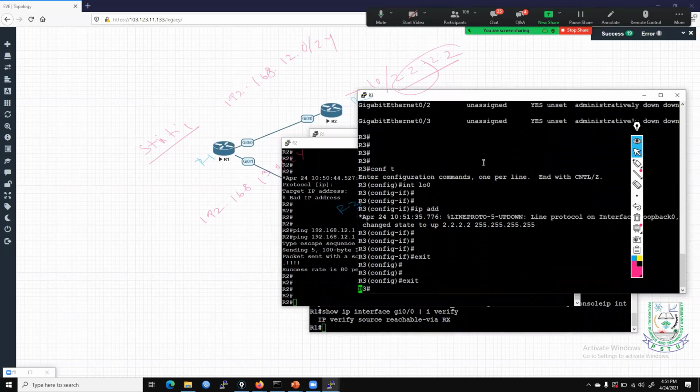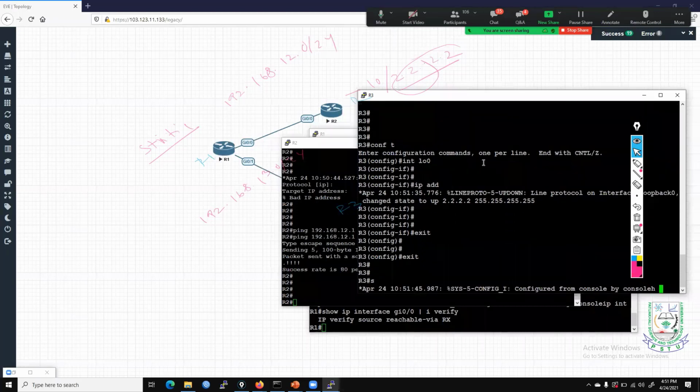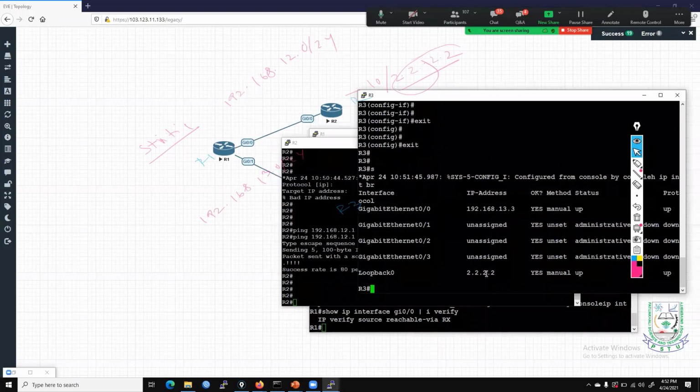Actually, we are setting the same loopback with the same IP address on R2 and R3. Show IP interface. We see 2.2.2.2 is set on R3 also.